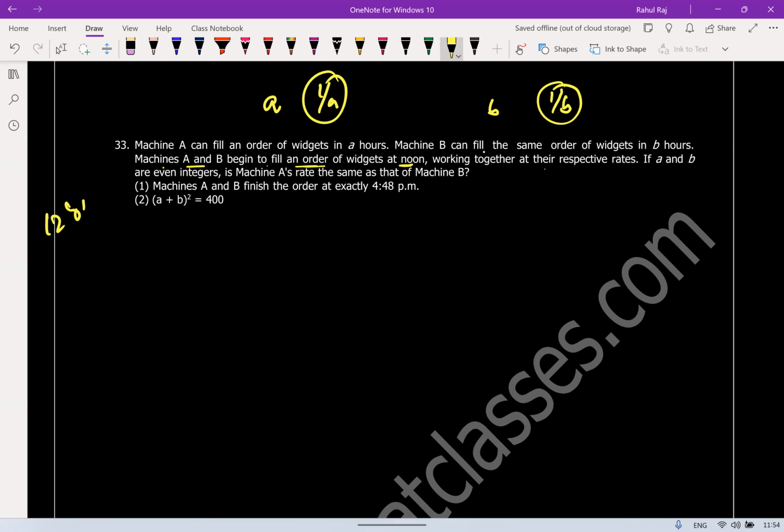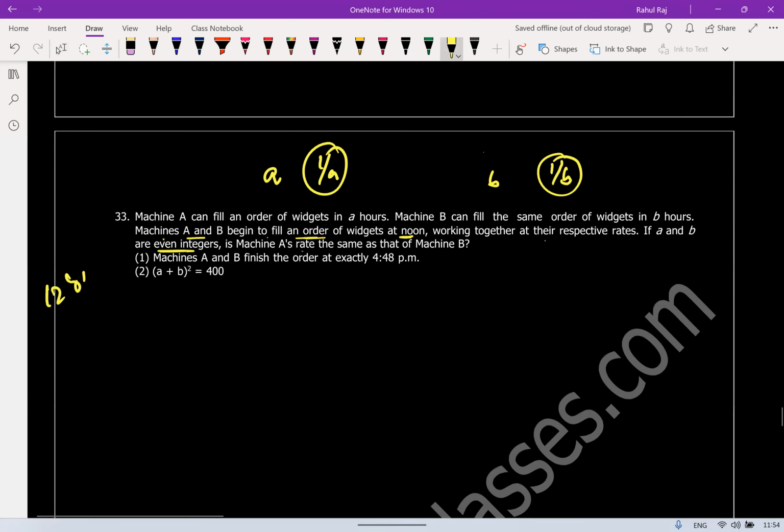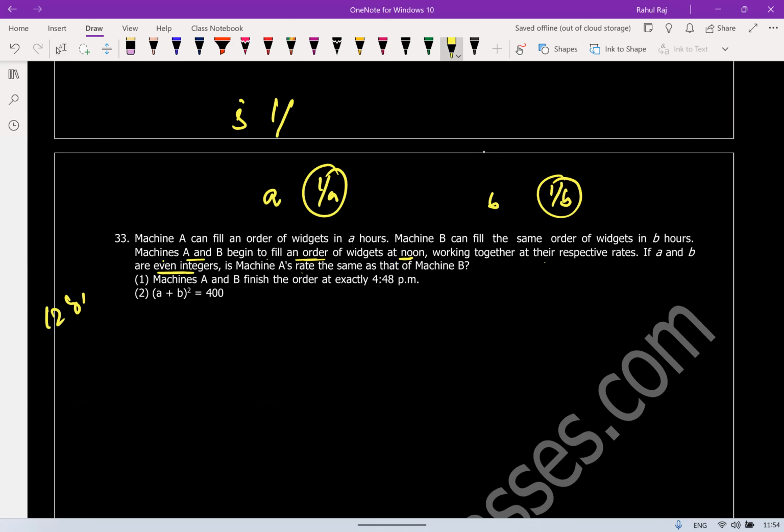If A and B are even integers, is machine A's rate equal to machine B's? It means they are asking you: is 1 by A equal to 1 by B? Or technically, they are asking you: is A equal to B? This is your question, and that should be understood very clearly. The question is: is A equal to B?